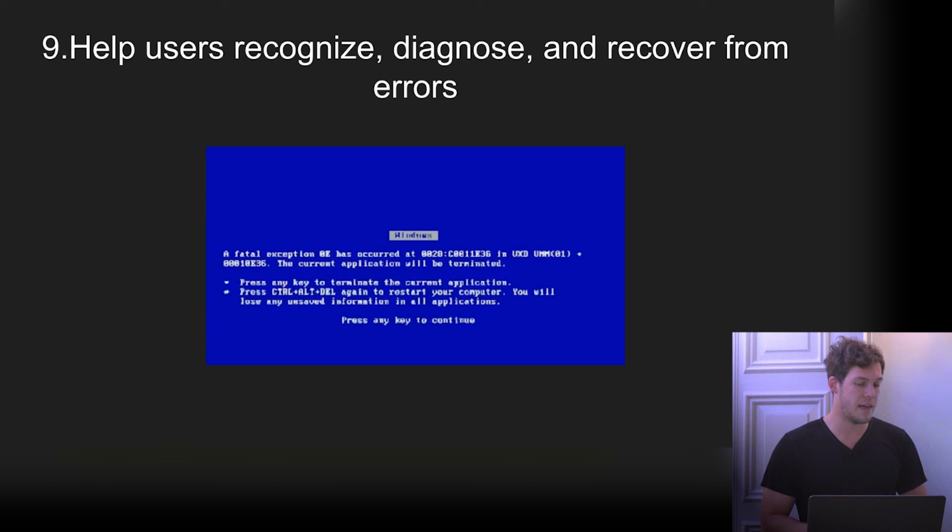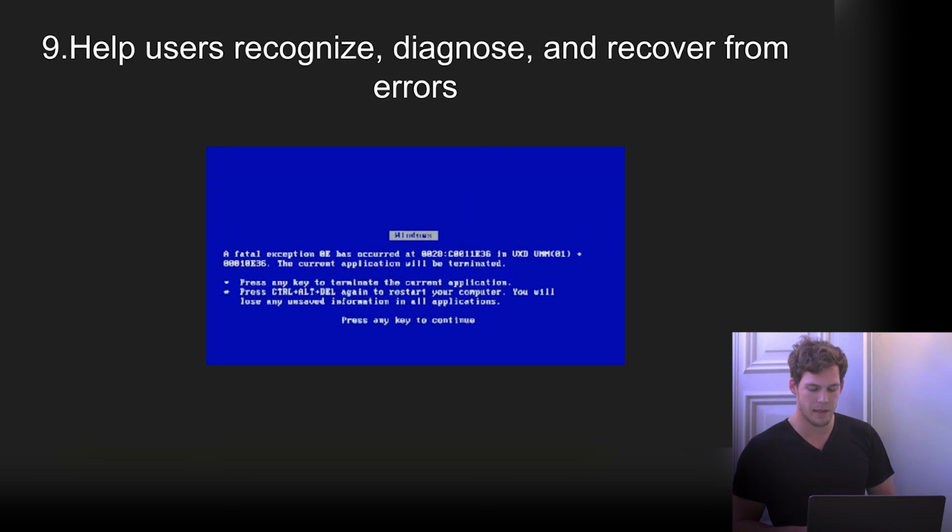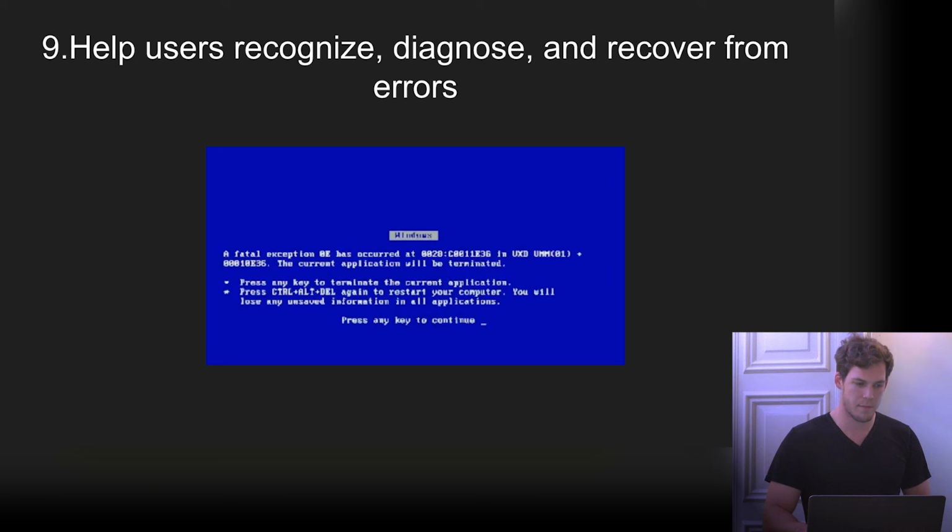So you should give feedback on what's wrong in language the user understands, and give them a possibility to go back or click the dialogue away or recover from the error. And the better choice is to prevent the user from making a mistake, but that's not always possible.